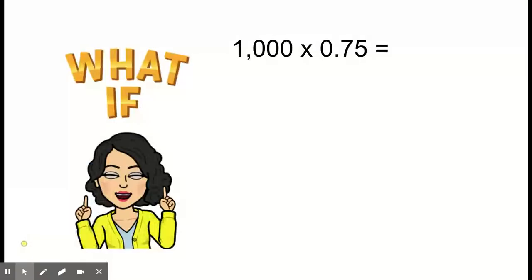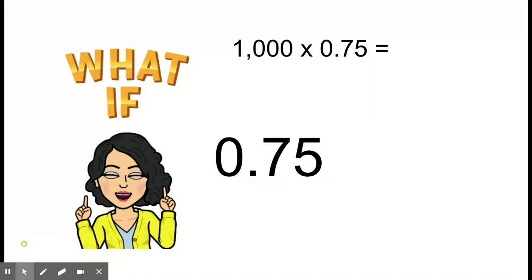Oh, well, then what if we created a caterpillar that was 1,000 times as big as the 75 hundredths inch caterpillar? So let's see. I'm starting with 75 hundredths.